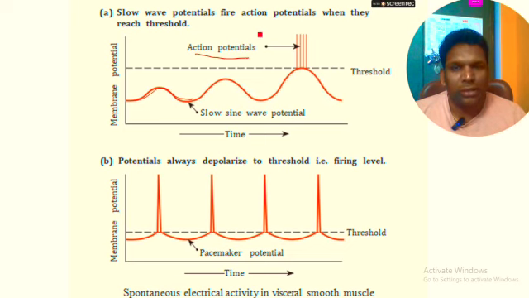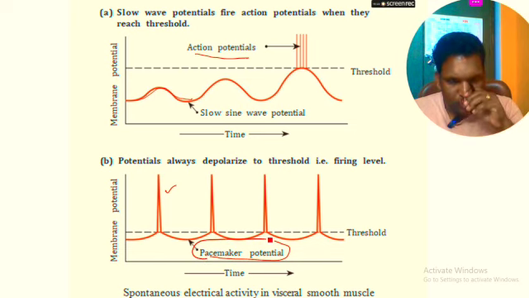Pacemaker cells are confined to the GIT and produce the spike potential. Spontaneous electrical activity is seen in visceral smooth muscle, which is completely different from skeletal muscle. A complete spike is formed.